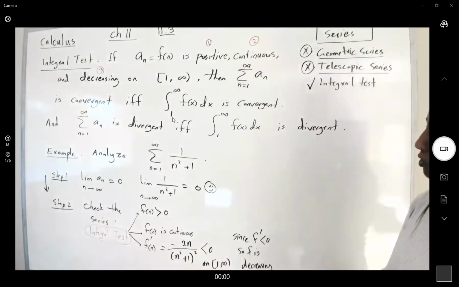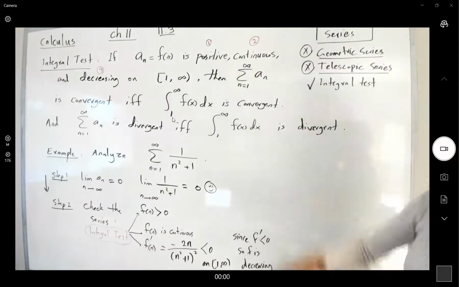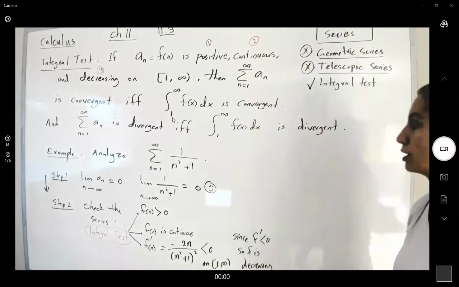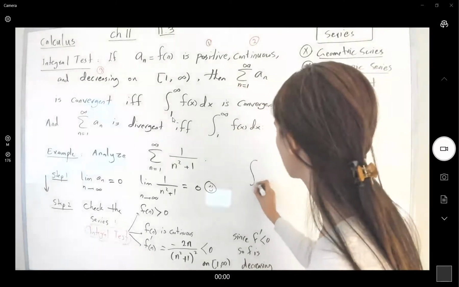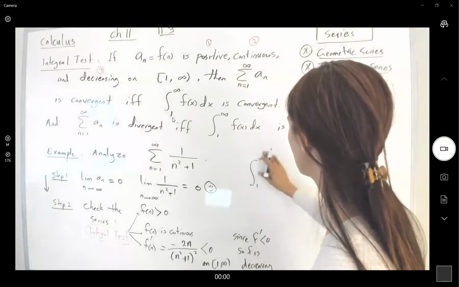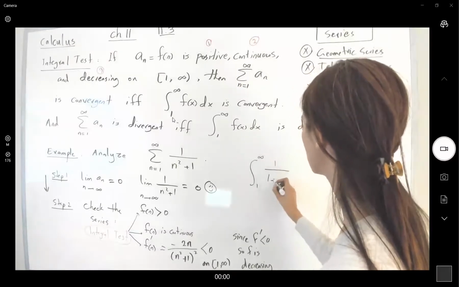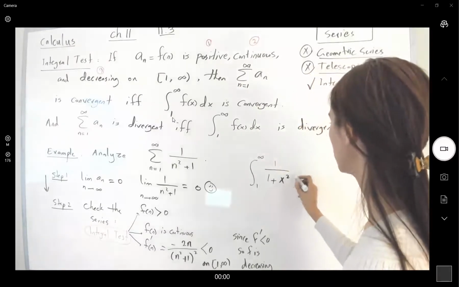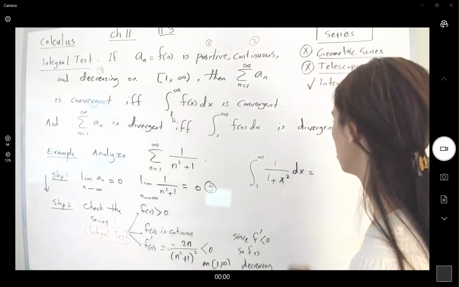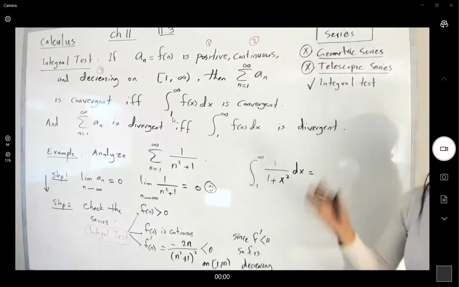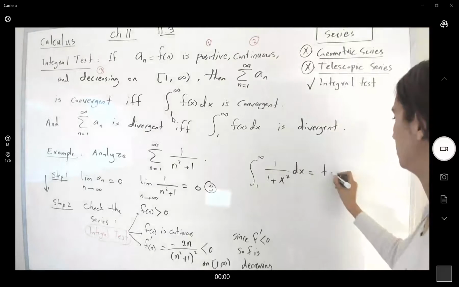I'm going to construct the integral of f of x while x ranges from 1 to infinity. So the integral from 1 to infinity of 1 over 1 plus x squared dx. You all know that this is inverse tangent.